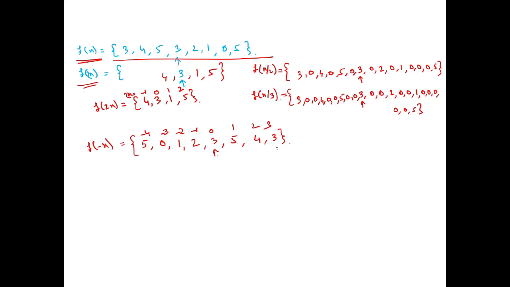So 2 means after every, from where you are starting, every second value will be cut. So you are here 3, the second value is here, this will be cut, 1 will come down, then again the second value will be cut, then 5 will be coming down. Similarly over here 5 will be cut, 4 will be coming down, then 3 will be cut. So in this way you get f of 2n.